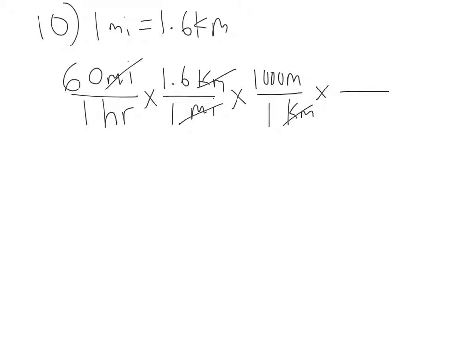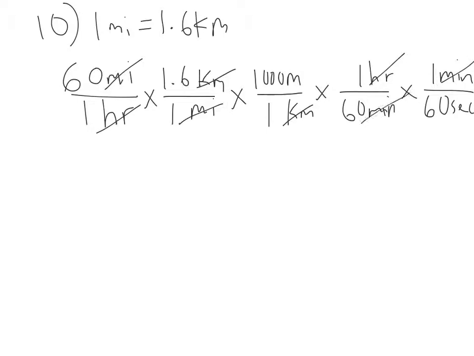So let's change hours. I don't know how many seconds there are in an hour, but I do know how many minutes there are in an hour. There are 60 minutes in 1 hour, right? So here I'm going to put 1 hour on top, 60 minutes. That way the hours cancel. And now I'll do one final fraction. I do 1 minute is 60 seconds. Here my minutes cancel.